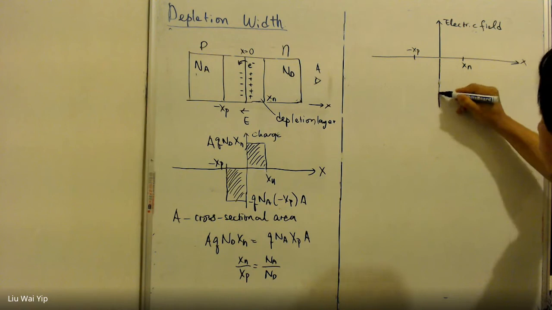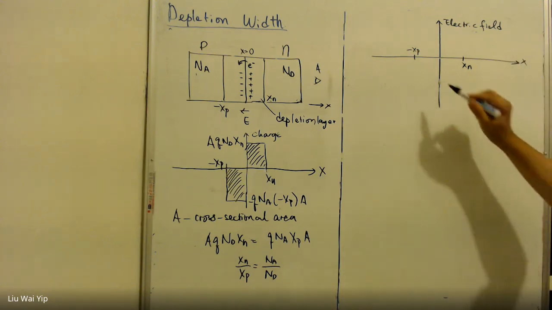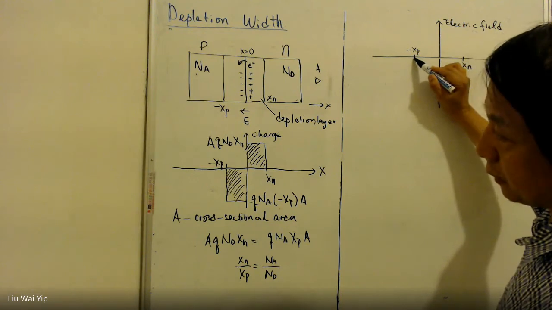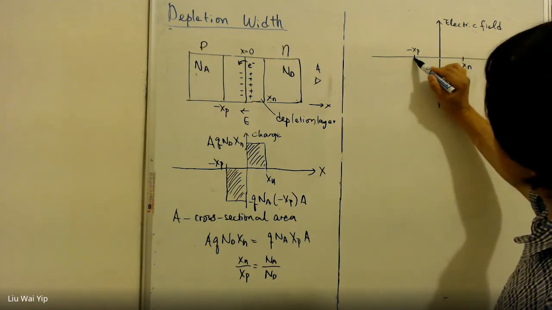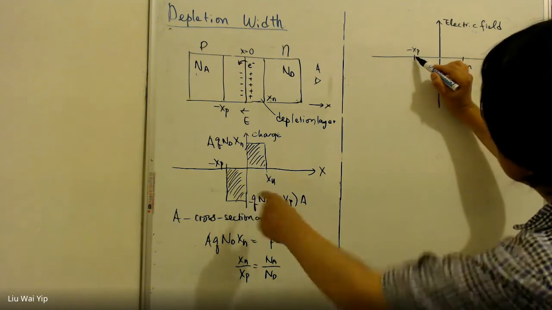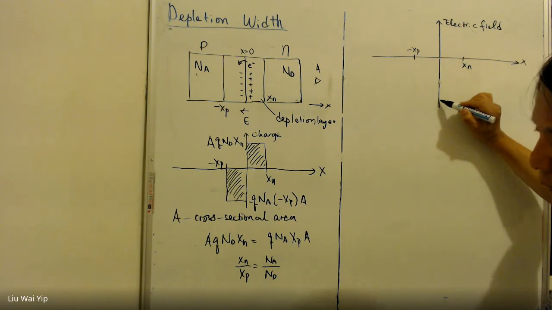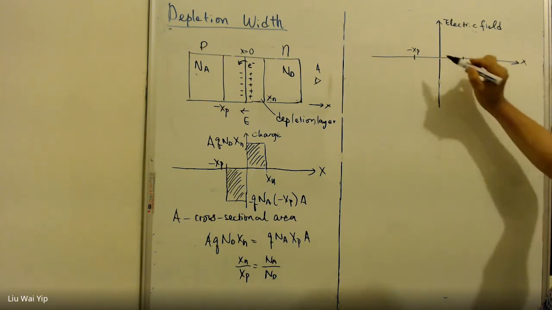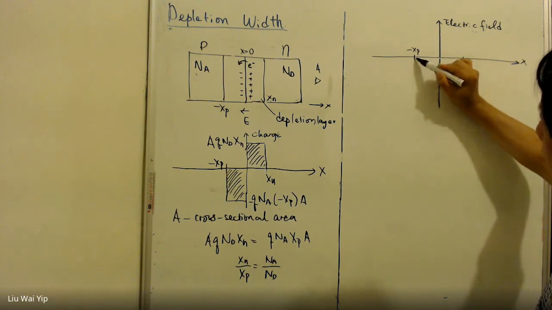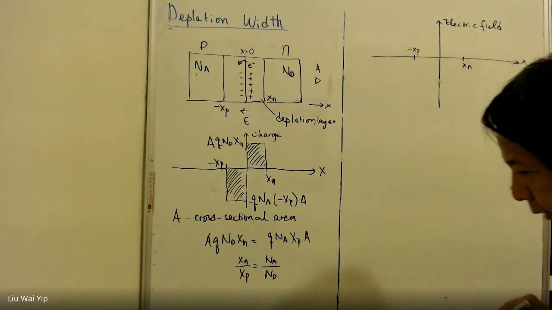By observation, the electric field starting from here should be zero, and the electric field will increase in intensity until it reaches the middle where the electric field becomes maximum. So I expect the electric field to be linear.